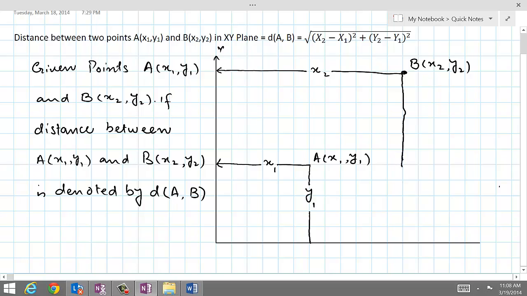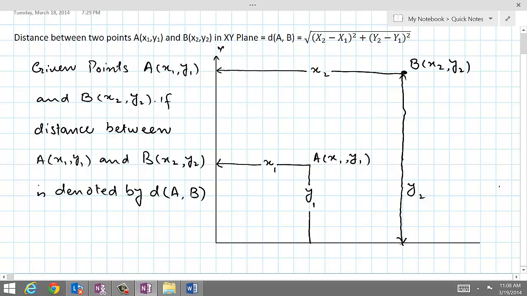Let's continue this line, and call this y2, the distance from that point to the x-axis.